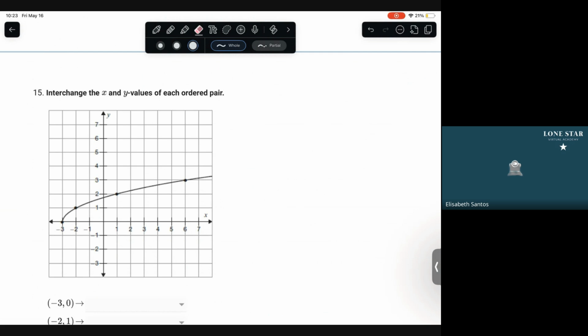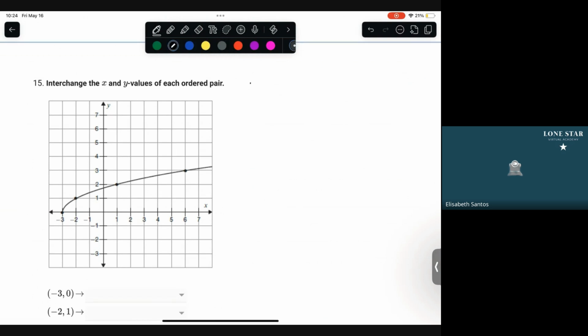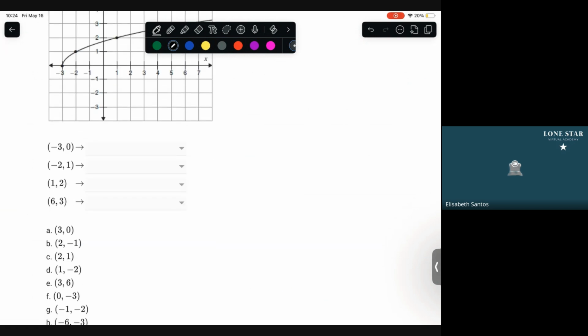All right, so number 15. Interchange the x and y values. All right, so that just means we're switching x and y. So we have -3, 0. Switch them. What do you get?